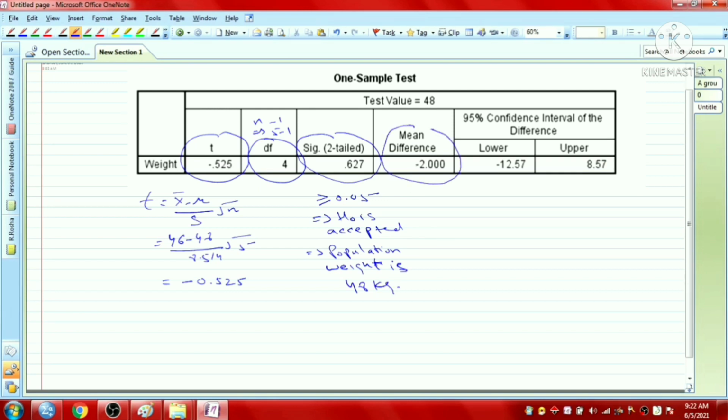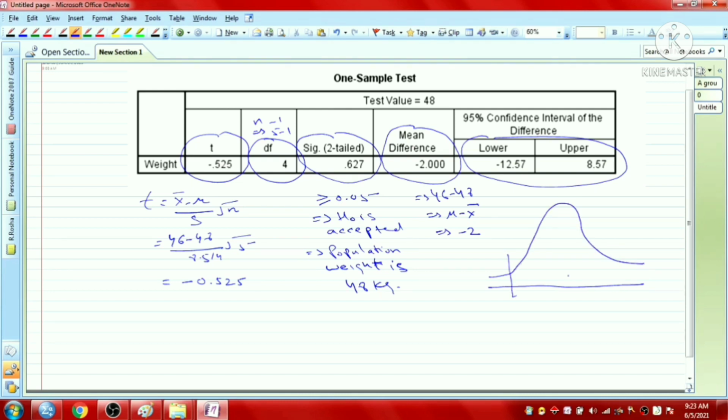Then mean difference. Mean difference is the sample mean minus population mean, which equals minus 2. Then lower and upper limits are given. In the 95% confidence interval of the difference, the lower limit is less than or equal to the population parameter, which is less than or equal to the upper limit.